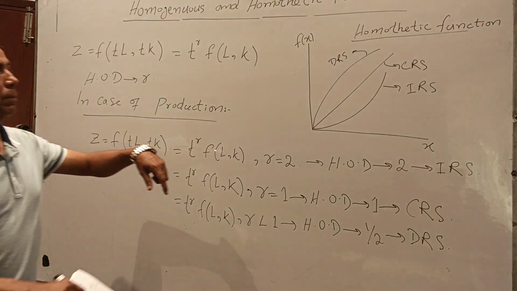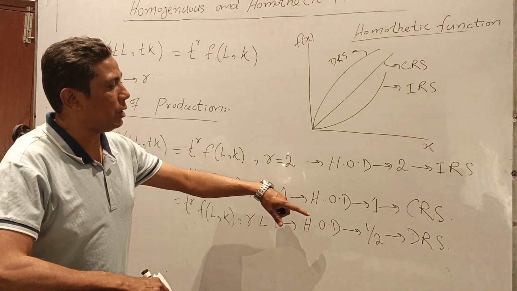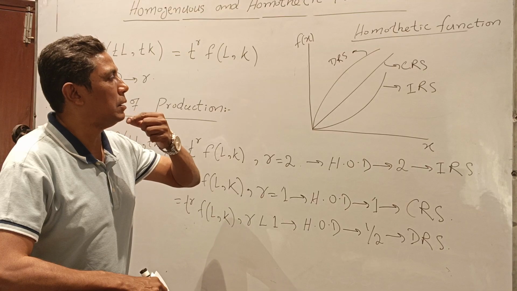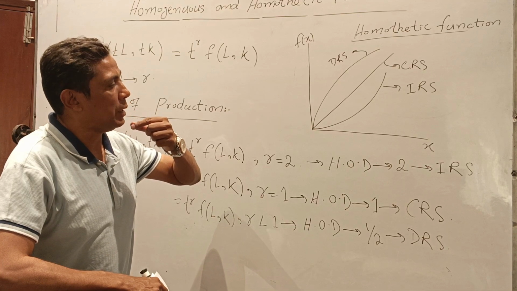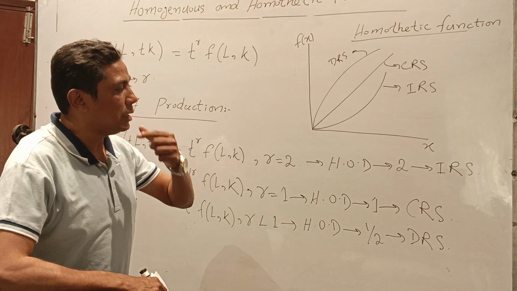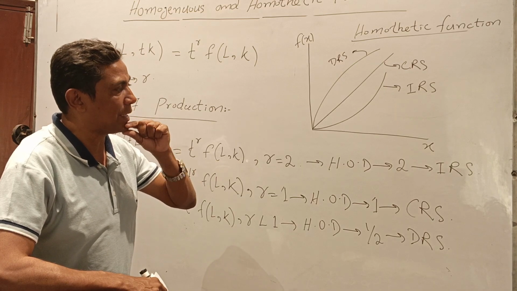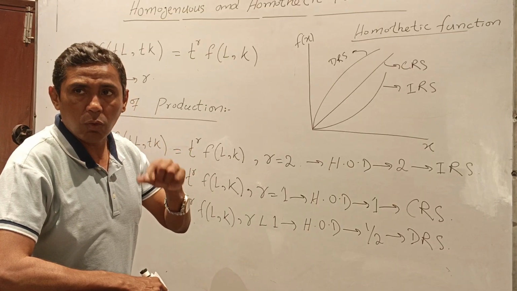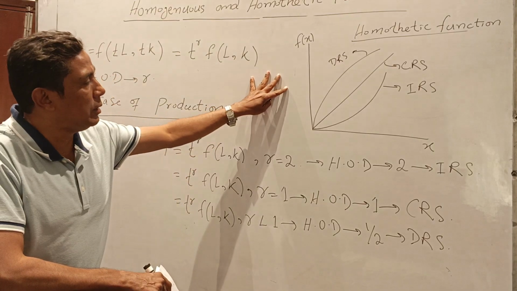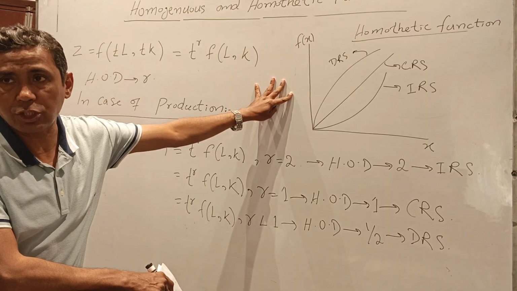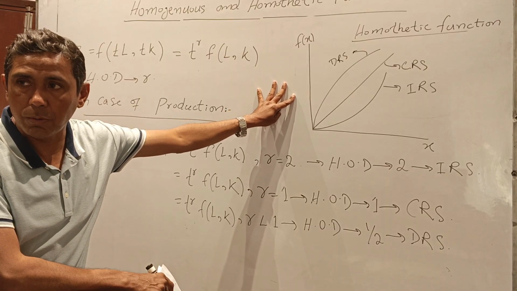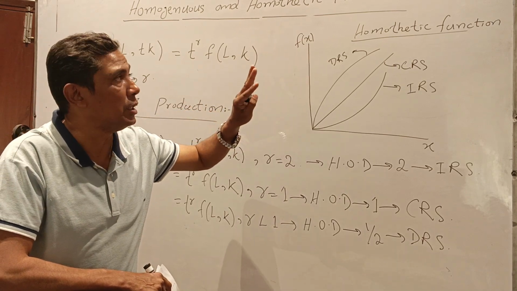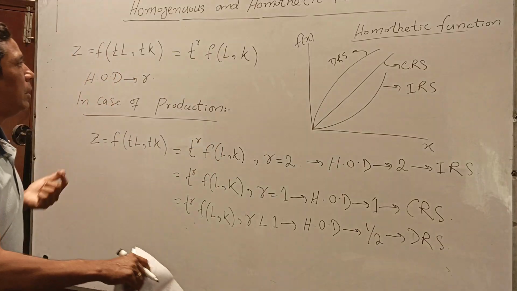So homothetic function may have increasing, decreasing and constant returns to scale because it may have HOD 1, HOD 2, and HOD less than 1. Clear? So it is the case of theory of production, not the debate related to the consumer theory. That is actually the difference between homogeneity and homotheticity of a function. Clear? Okay, now move forward.